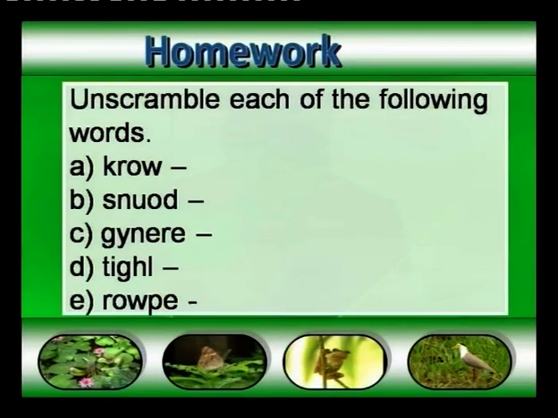Ana Moro. Letter C. Again. Energy. Very good. Energy is the correct answer.